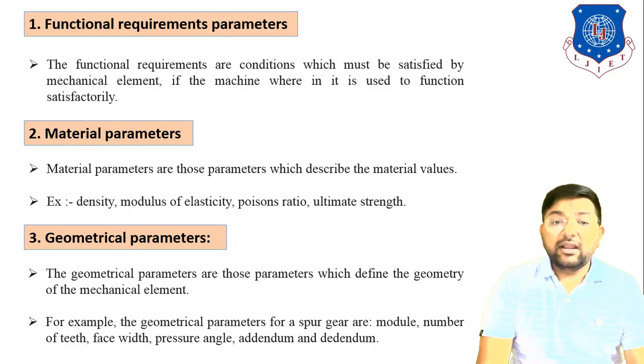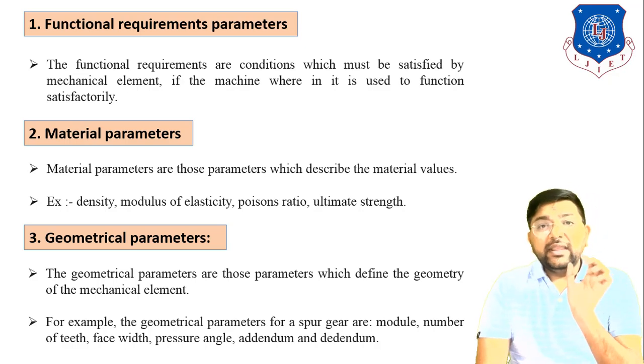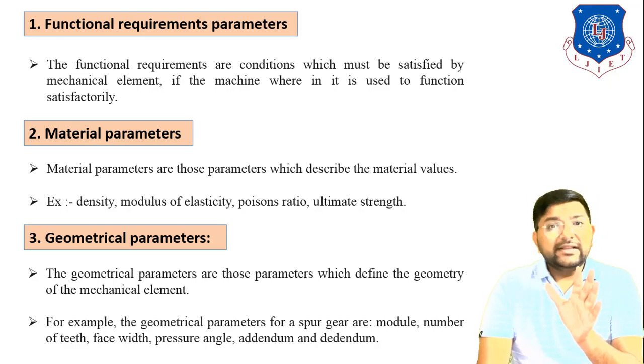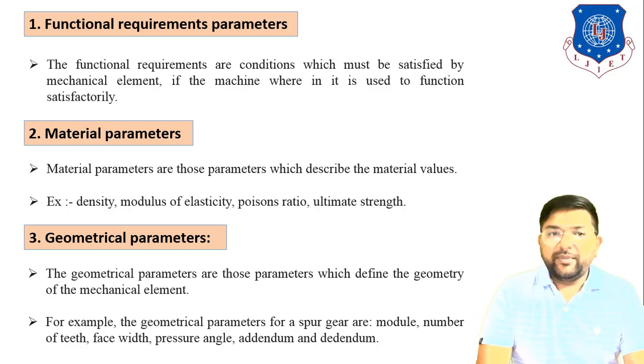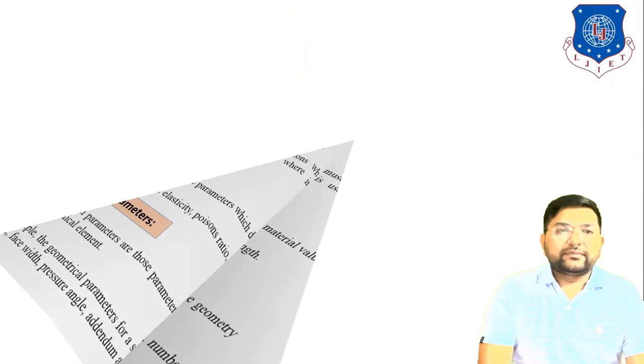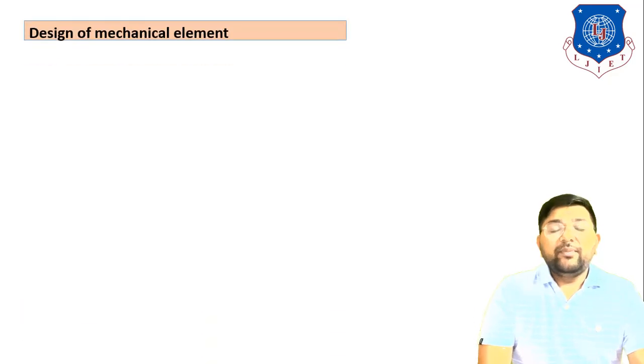Next, pressure angle, addendum, addendum circle. All are geometrical parameters of the spur gear. This is one example. So we have to consider three parameters: functional requirement parameter, material parameter, and geometric parameter. Now next one, design of mechanical element.